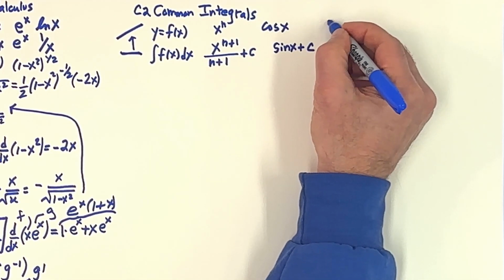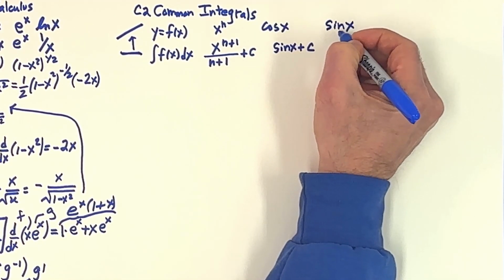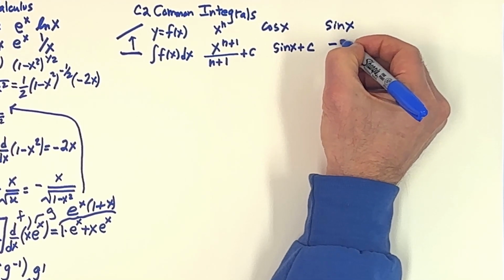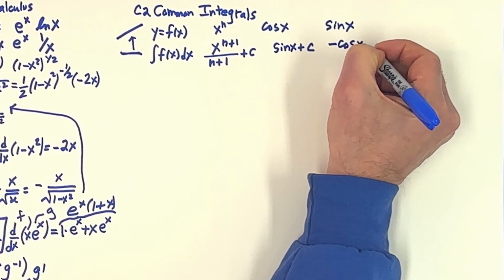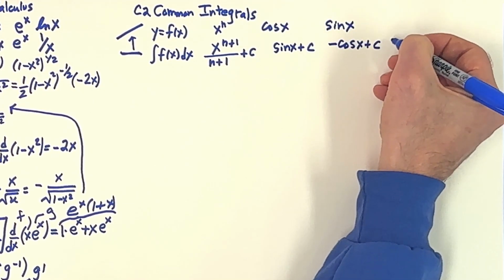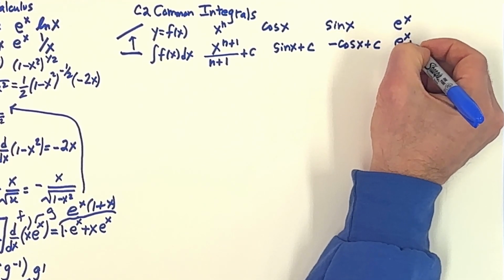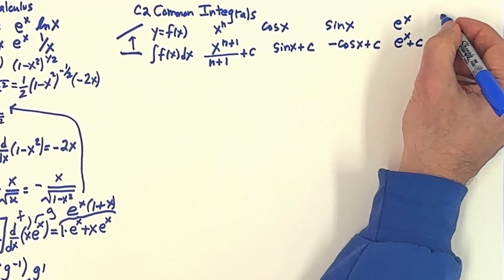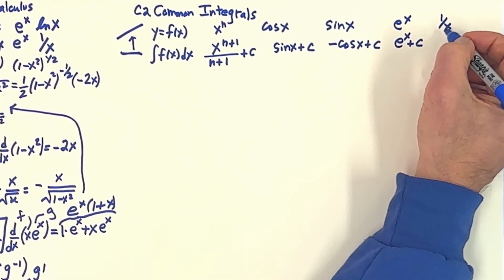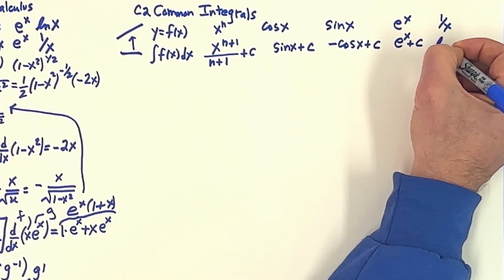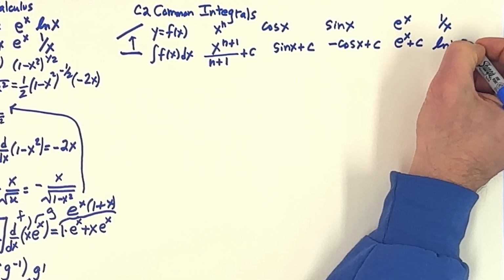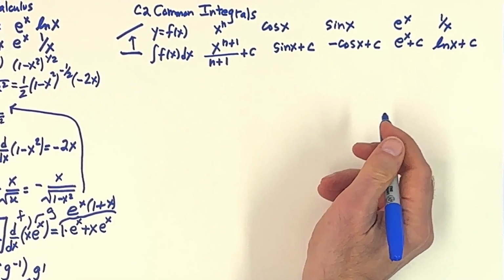So if you have the sine of x, the antiderivative or the integral would be the negative cosine x plus a constant. And then e to the x would be e to the x plus a constant. And then 1 over x would be the natural log of x plus a constant.